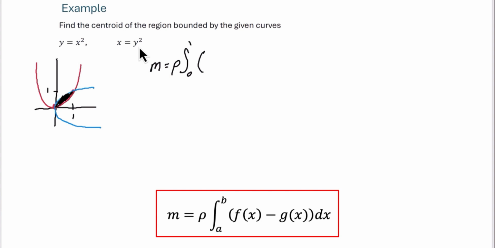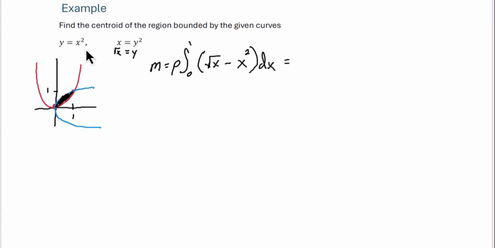We'll need to take the square root of both sides, so we get square root of x. We want that in terms of x, minus g of x, which is x squared, dx. I didn't state it in the directions here, but we are assuming that there is uniform density. So rho we can make 1.